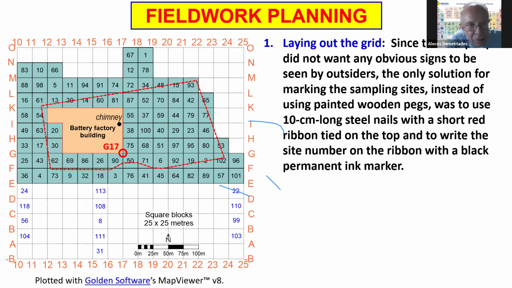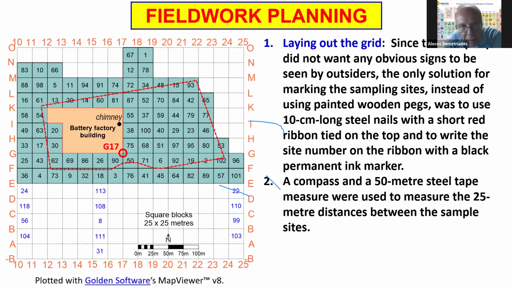And of course, this can be seen from a distance as well. So we had to do it somehow inconspicuously. So the only solution was to use 10 centimeter long steel nails with a short red ribbon tied on the top and to write the site number on the ribbon with a black permanent ink marker.